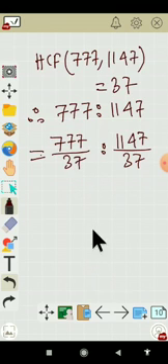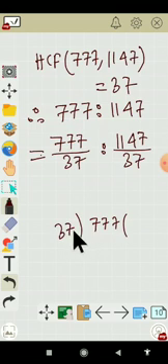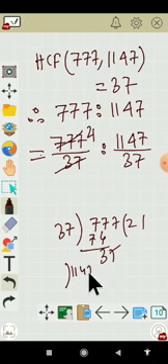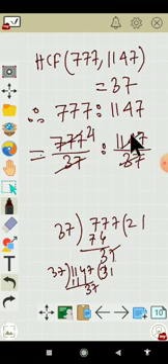If you divide 777 by 37, what will you get? 2 7s are 14, 2 3s are 6, and 7. So here we will get 21. And if you divide 1147 by 37, 3 3s are 9, 3 7s are 21, and 2 11. So here we get again 31.